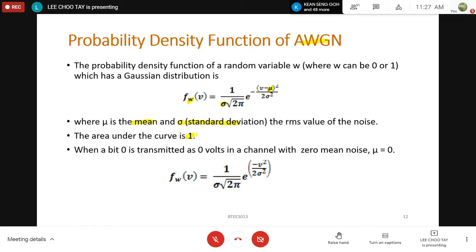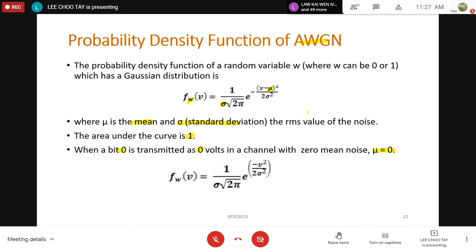Using this equation, when we send a bit 0 with 0 volt, that means the mean value of the noise, this mu, is actually 0.